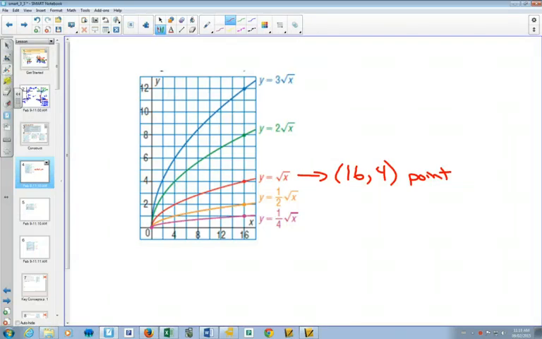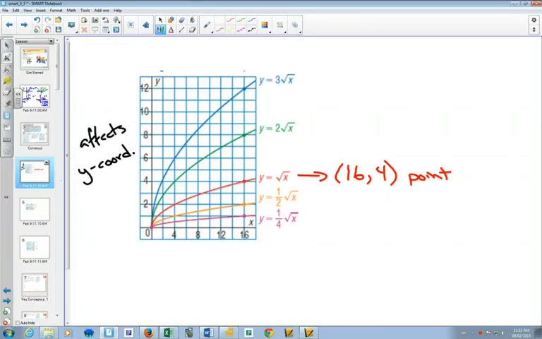We notice that in the blue graph, the green graph, the canary graph, and the purple graph, we're going to see what happens to that point, and we're going to notice in each one of these that it affects only the y-coordinate.